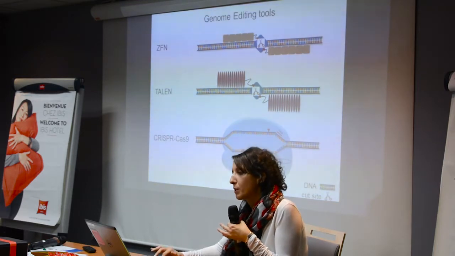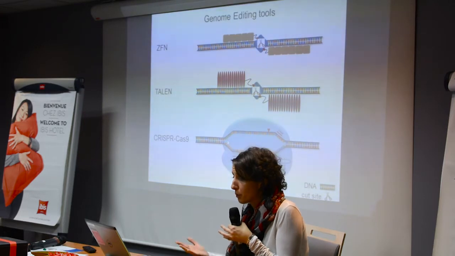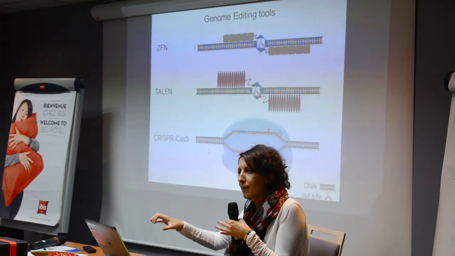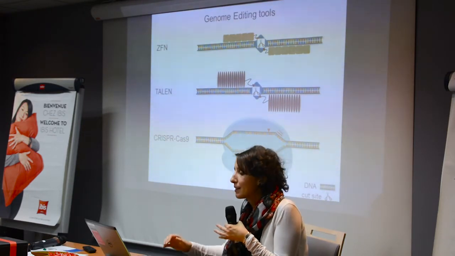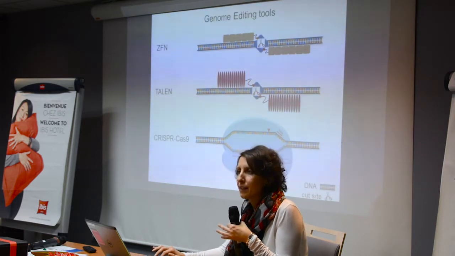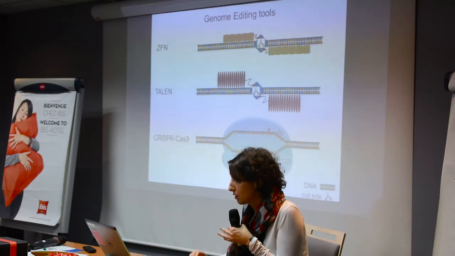The difference with the systems developed before CRISPR-Cas9 is that by itself this protein cannot bind directly to the DNA, but needs a small molecule called guide RNA, which guides and targets this protein to the gene.